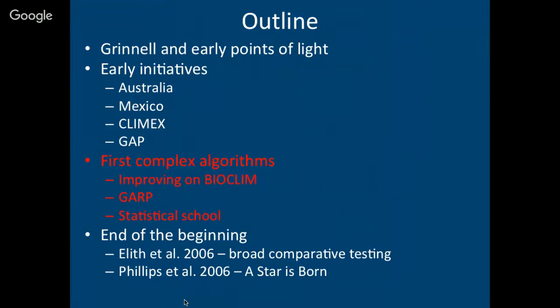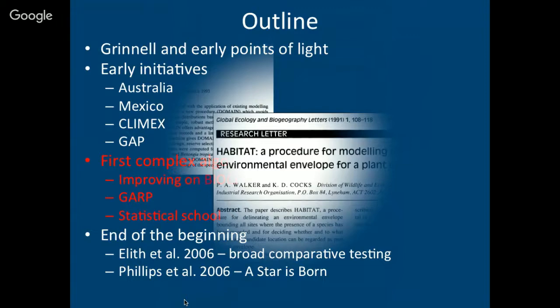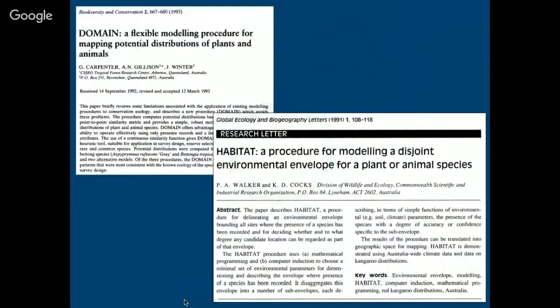Now, we can go into kind of a second phase where we start to see the appearance of complex algorithms. And so Biochem, that earliest methodology, was based on non-interacting intersections of multiple environmental dimensions.